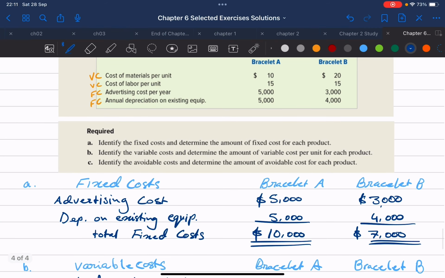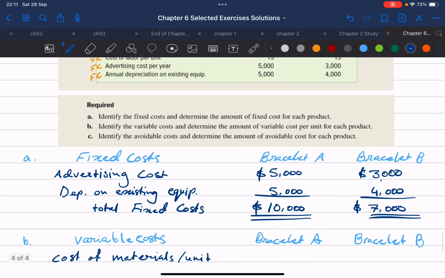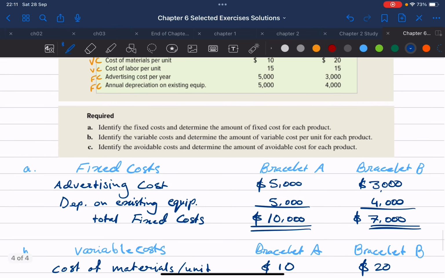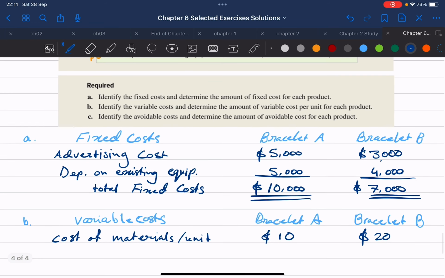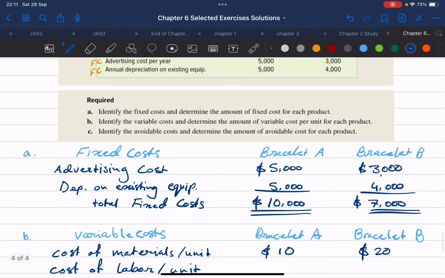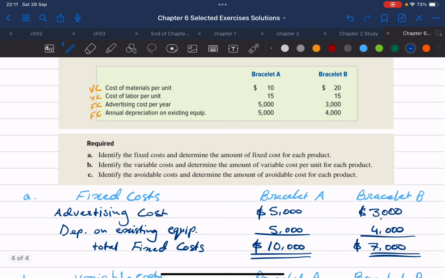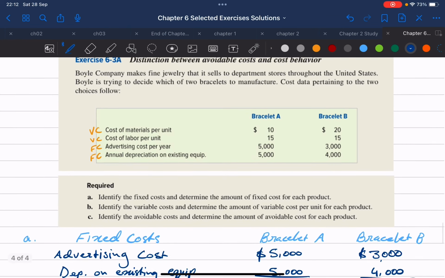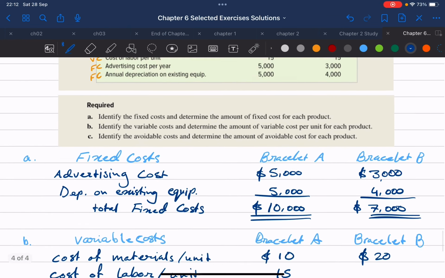For bracelet A, it's $10. And for bracelet B, it's $20. And then we have the cost of labor per unit. For A, it's $15. And for B, it's also $15.